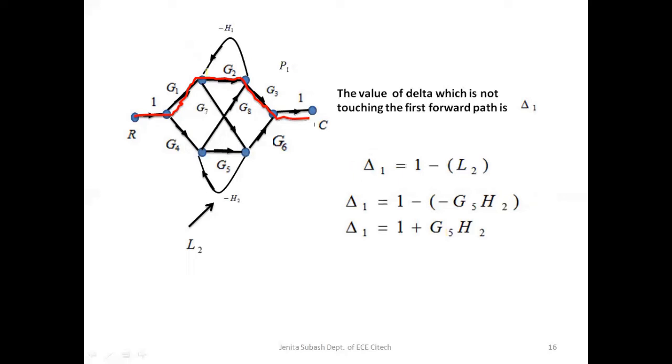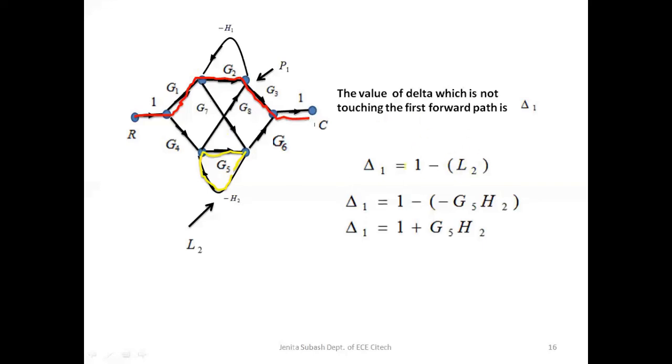It's very clear here that loop 3 shares a common node with the first forward path. The one and only loop left is loop L2, which is not touching the first forward path. So in the formula of delta, we have to activate L2.